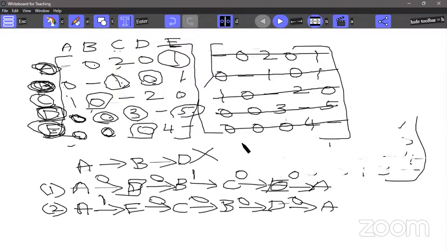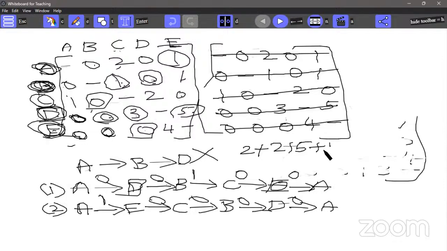From A to D, how much do we incur? 2, isn't it? From the original matrix. From D to B? 2. From B to C? 5.